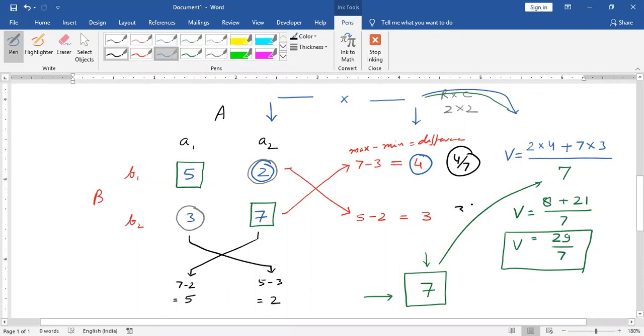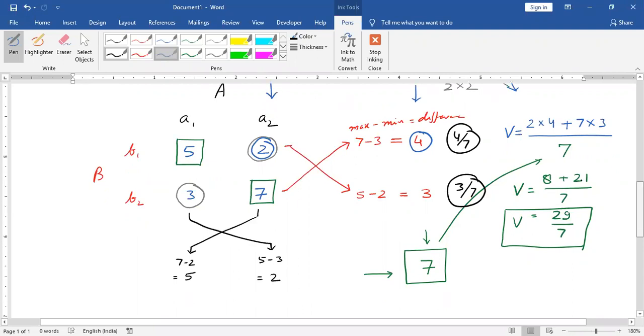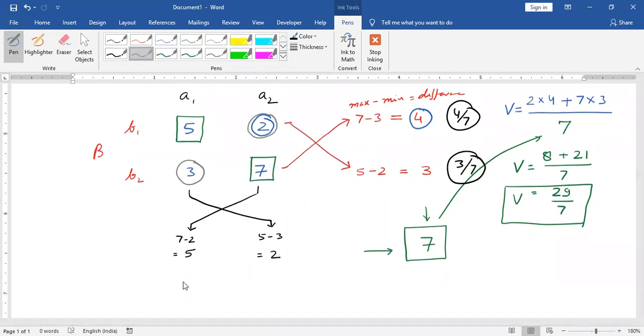And similarly 3 by 7. And in the same manner, 5 by 7 and 2 by 7. So these are the strategies.